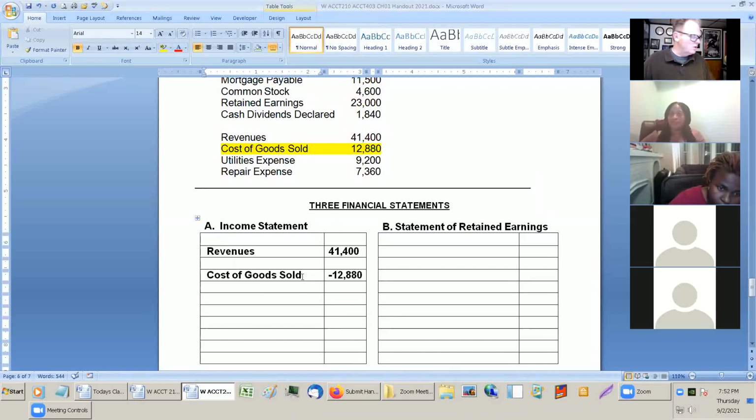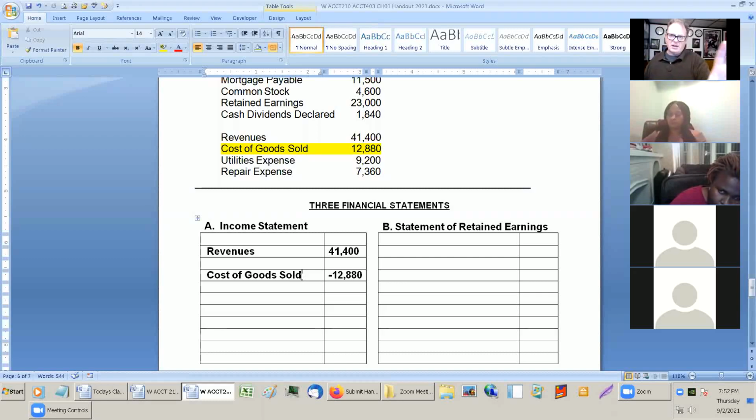That cost of goods sold is this: the thing that I paid $12 for that was sold and left, that's what that 12,880 is. It's goods that have left the place. Someone came in and paid us 41,400 for them, but we no longer have this asset anymore. It's gone. So that's what the cost of goods sold is.